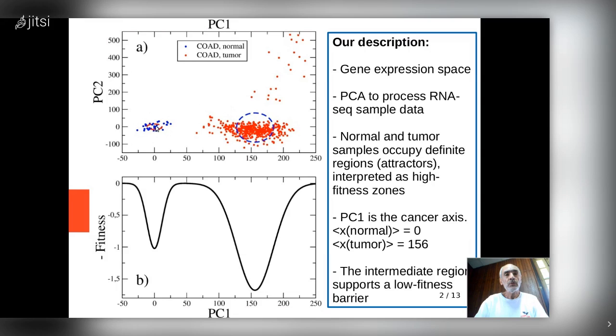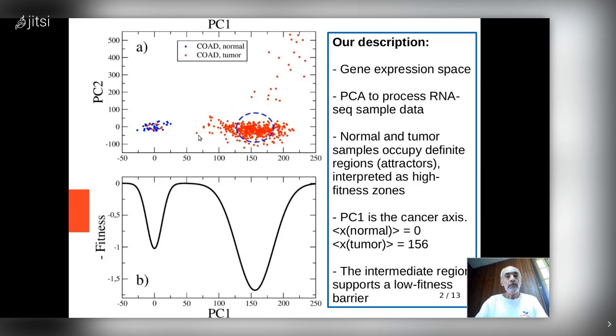We are going to describe the progression from the normal state to the tumor state as a one-dimensional problem. This dimension, this direction of progression, is precisely the first axis in the principal component analysis of the data, which, as you see, separates the normal from the tumor area.